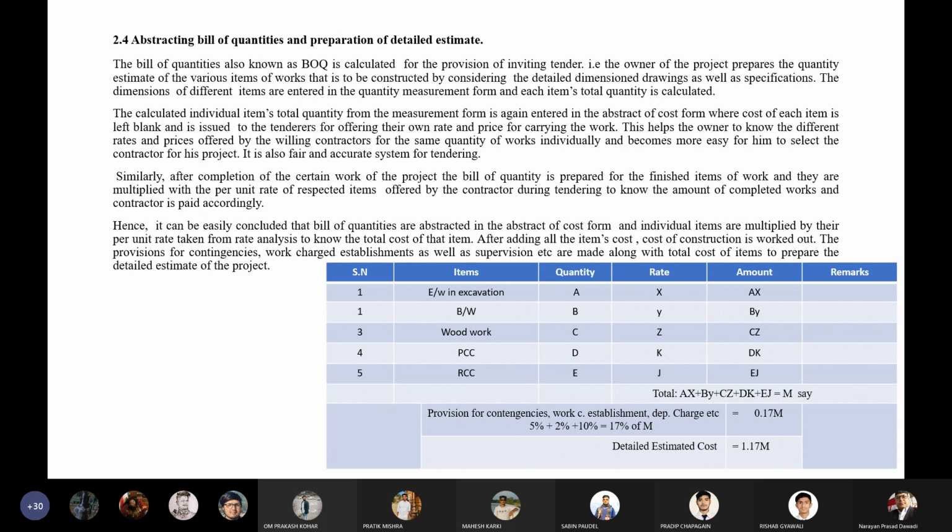That will be 0.17 M. And after adding M and 0.17 M, you will get 1.17 M.